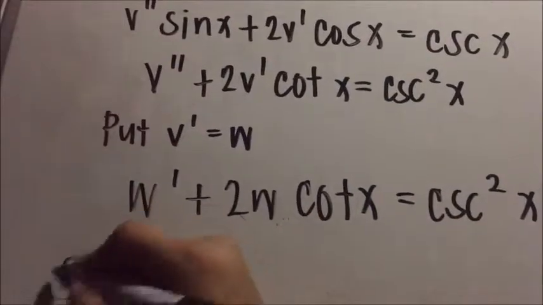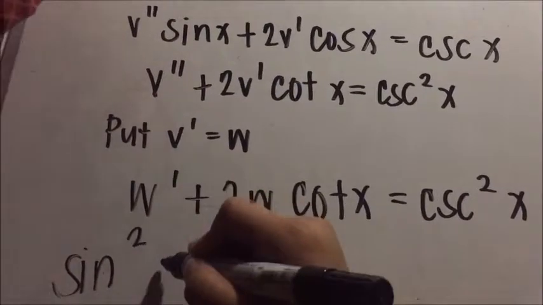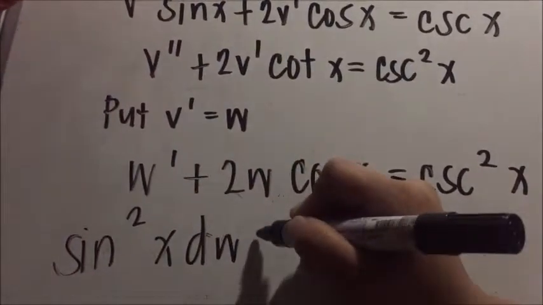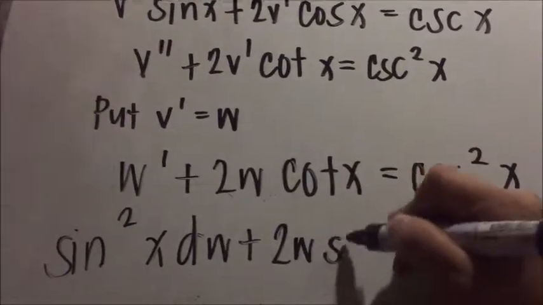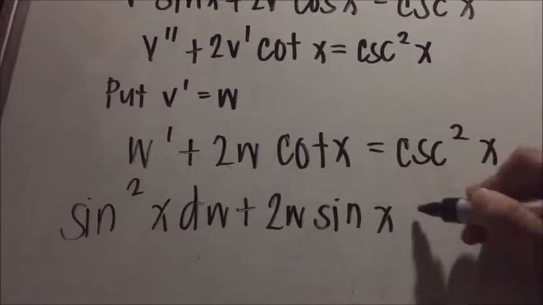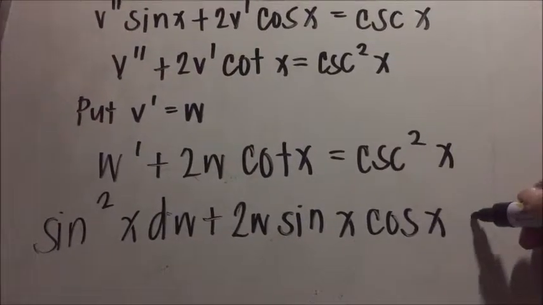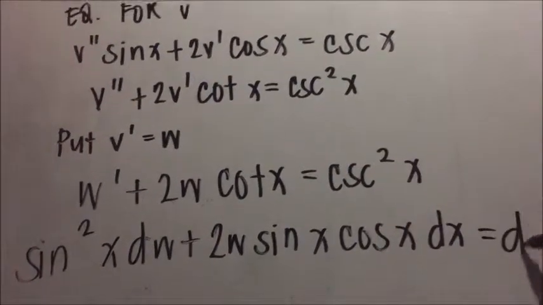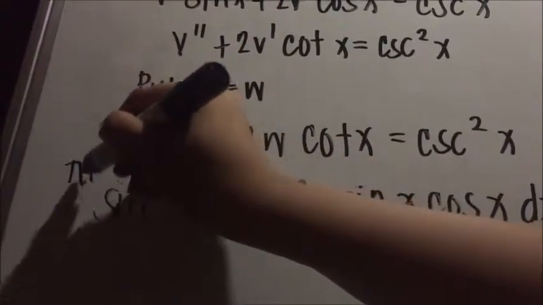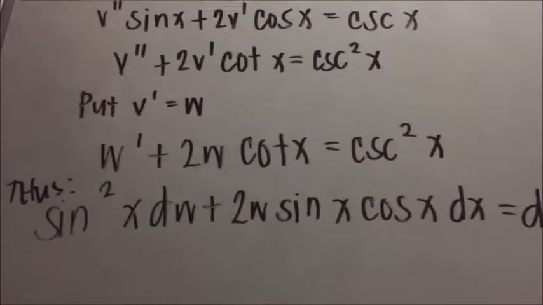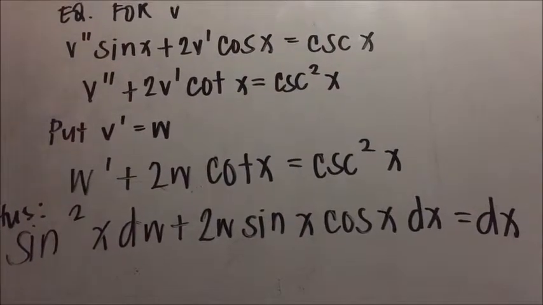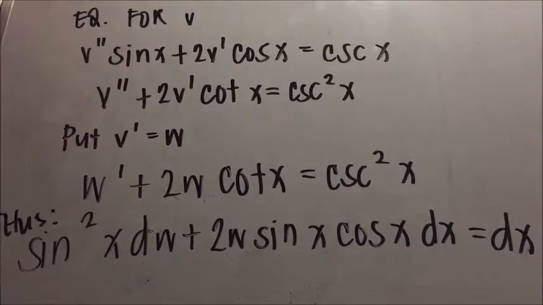Thus, sine squared x dw plus 2w sine x cosine x dx is equal to dx. So from that, we will get w sine squared x is equal to x.